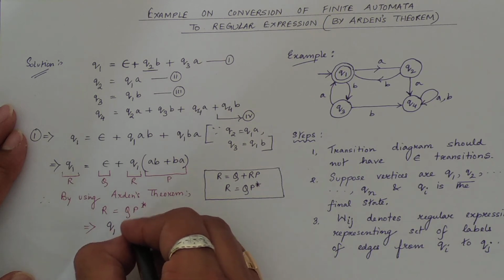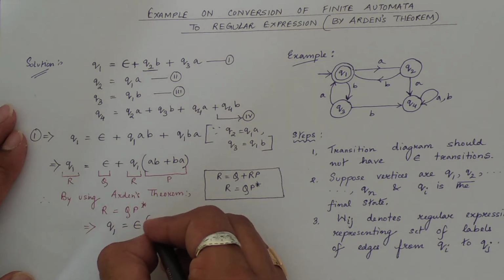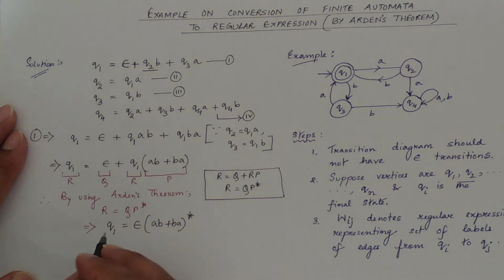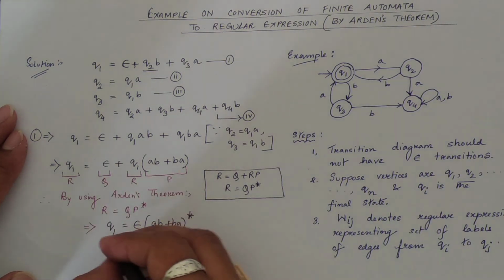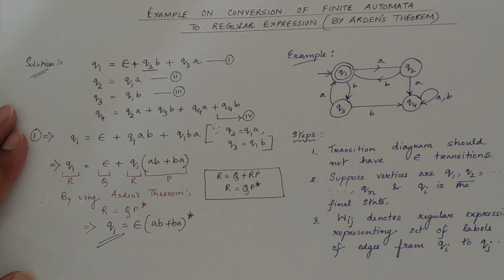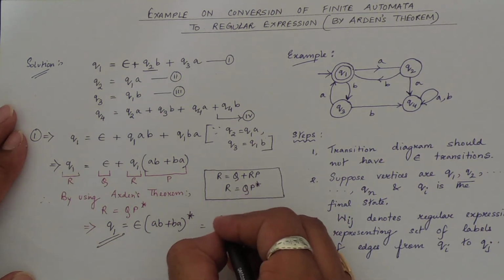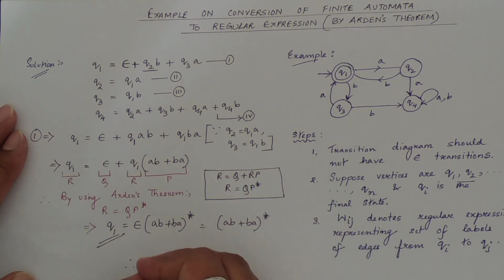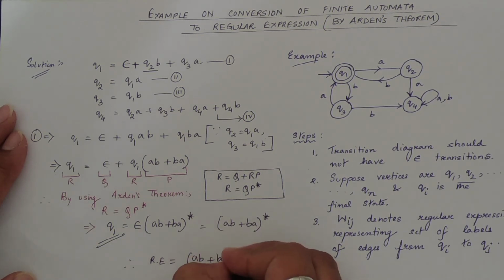Q is epsilon, and P is AB plus BA whole to the power star. And what do we need finally? We need the final expression, and we got it. Therefore, the final regular expression will be AB plus BA whole to the power star.